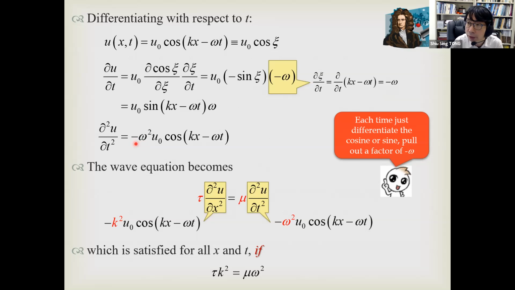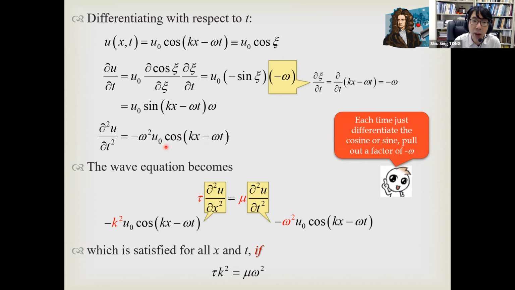So there's another factor of minus omega coming out. Together with this omega, I have omega squared with a minus sign. Okay. So each time you do the differentiation in time, you just convert the cosine into minus sine or sine into cosine and pull out a factor of minus omega. Okay.